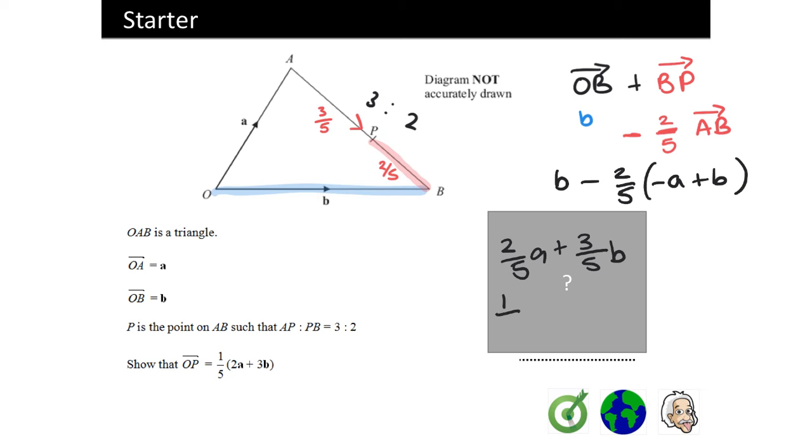Perfect, I can factorise out a fifth, and I'm left with 2A plus 3B. Therefore, proved. And I've laid out all of my method.